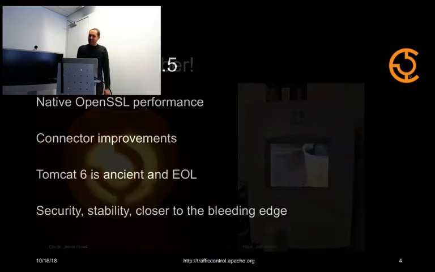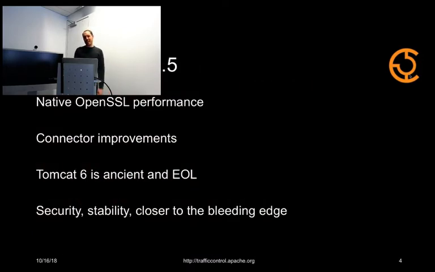All right, so getting into this, why Tomcat 8.5? Basically, Traffic Router, for the longest time, since I first joined this team 5 years ago, was on Tomcat 6.0.33, which is very, very old. And it used, I think, the Java crypto extensions, whatever the internal crypto API is inside of the JDK, the JRE, to do TLS.